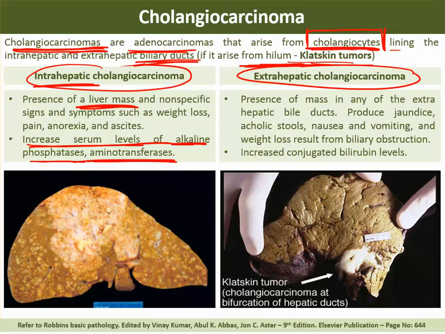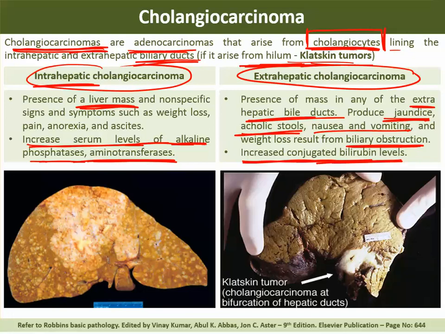Now coming to extrahepatic cholangiocarcinoma, it comes from the extrahepatic bile duct, and they produce jaundice and acholic stools. It is a pale stool because they produce severe obstruction. Pale stools, nausea, vomiting, and they produce biliary obstruction. Here there will be increased conjugated bilirubin level.